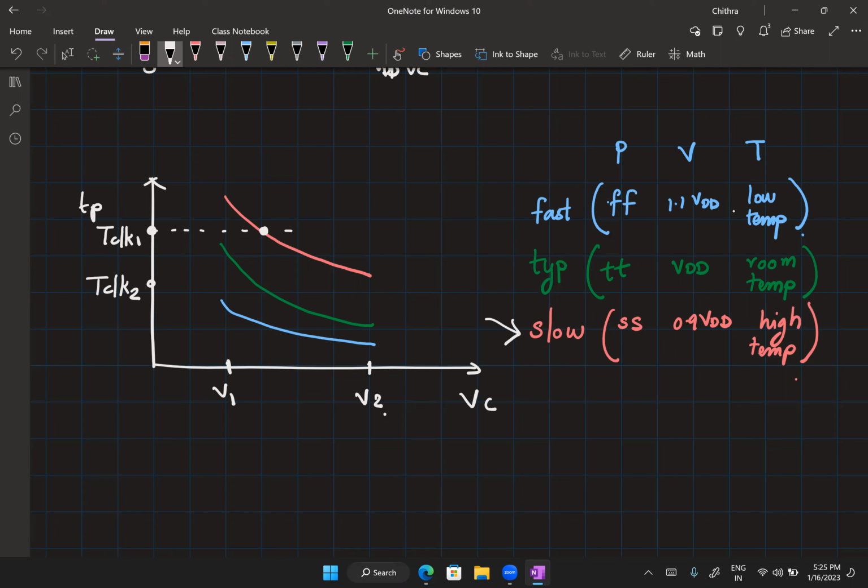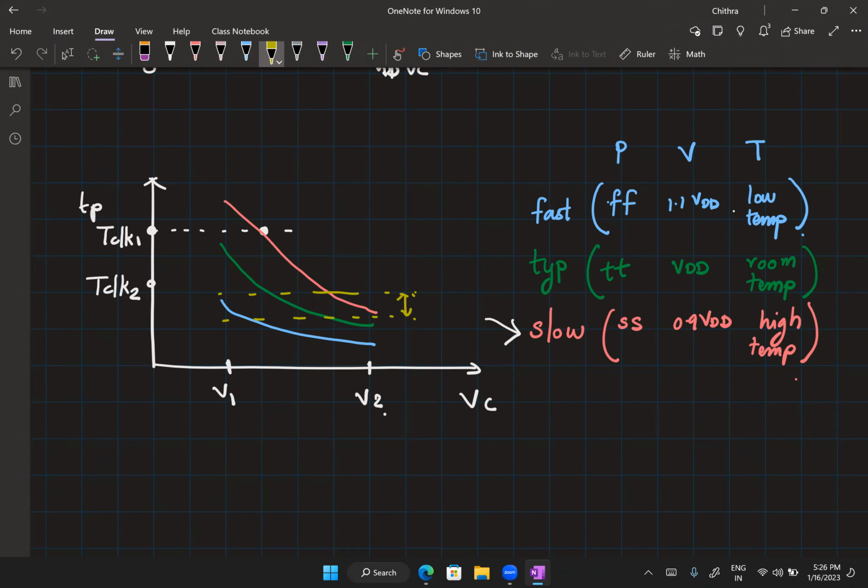Is this clear? Okay. So now if I look at this curve, right, you see that these two are not touching at all, right? Which means I don't actually have a solution for this problem. So I will anyways have to redesign it. So you figure out how to redesign it such that you have at least some common range. So now it looks like you can lock to any clock period within this region.